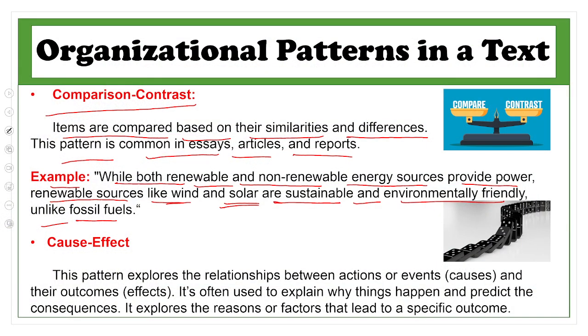Next is cause and effect. This pattern explores the relationships between actions or events and their outcomes. It's often used to explain why things happen and predict the consequences. It explores the reasons or factors that lead to a specific outcome.